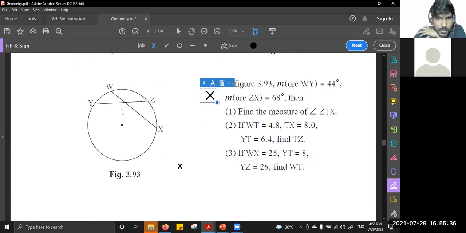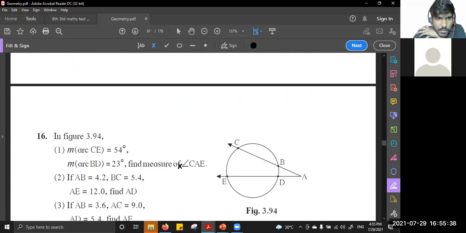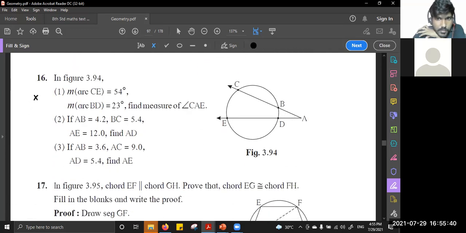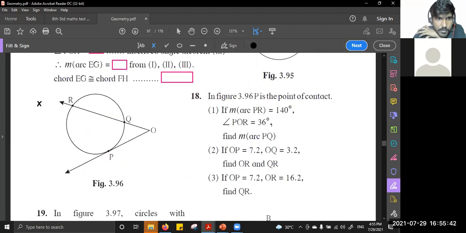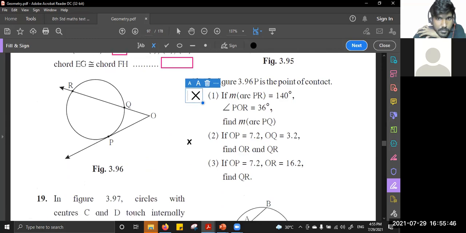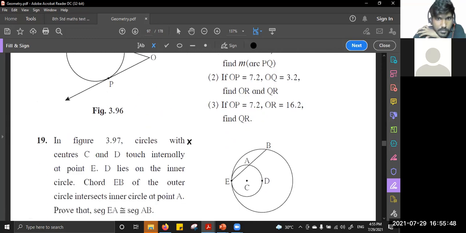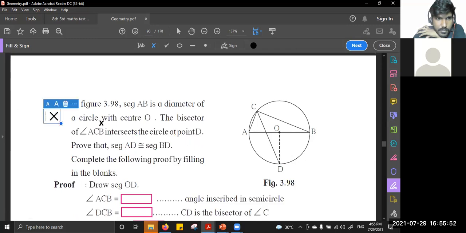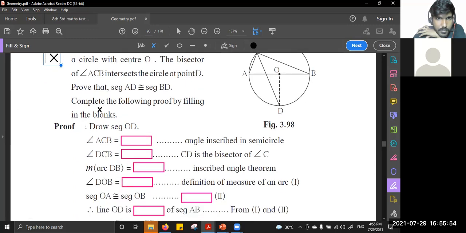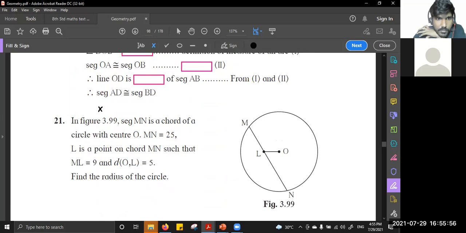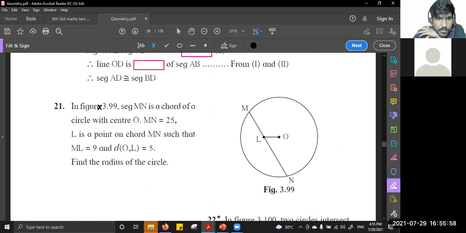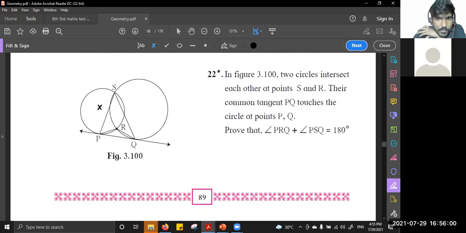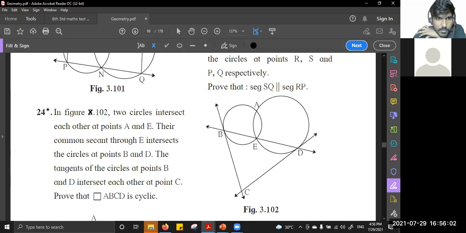Then the next page, question 18. And then the next page 89, question number 20. Not there. Then next page 90, questions 24 and 25.